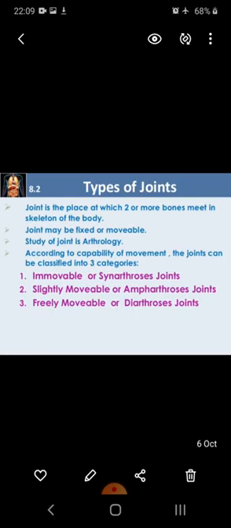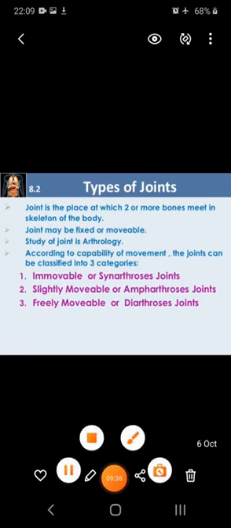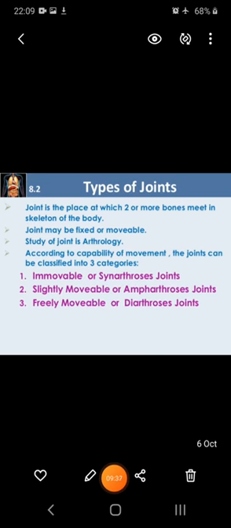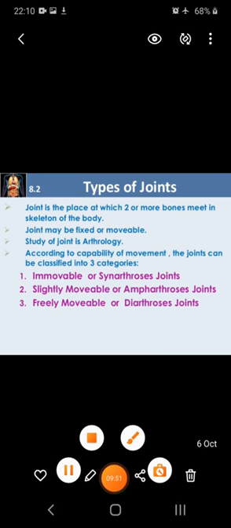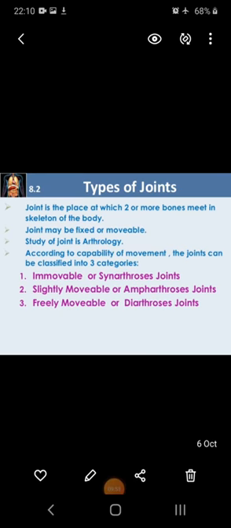Now we will discuss the types of joints. A joint is the place at which two or more bones meet in the skeleton of the body. Joints may be fixed or movable.